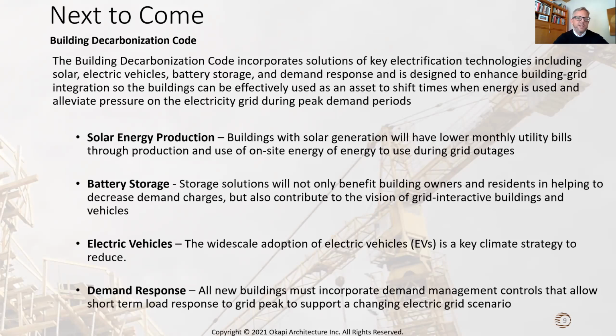Those are conversations that need to happen at the start of a project with the utility. And then demand response is definitely common in California. A lot of us probably have demand response installed on our air conditioner at home, but with the zero codes and marching into the next code cycle, we'll start to see that expand.